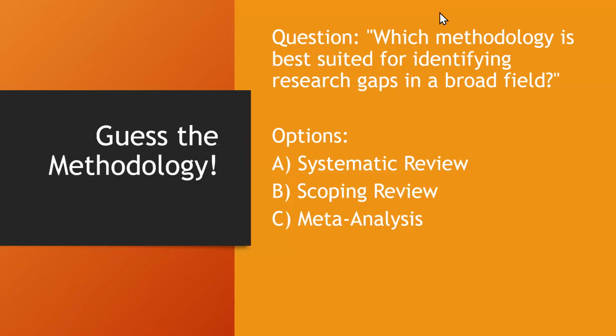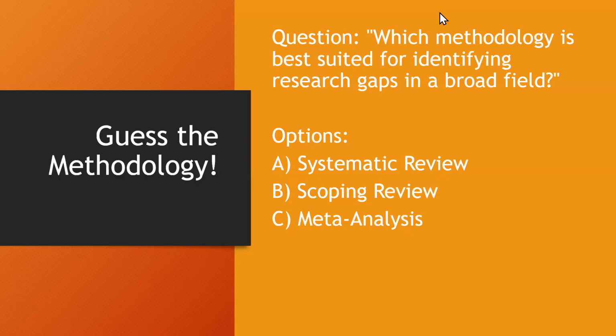We have been made to understand that scoping reviews are used to identify research gaps, but systematic reviews are usually used when you want to find a solution or evidence to solve a specific problem.